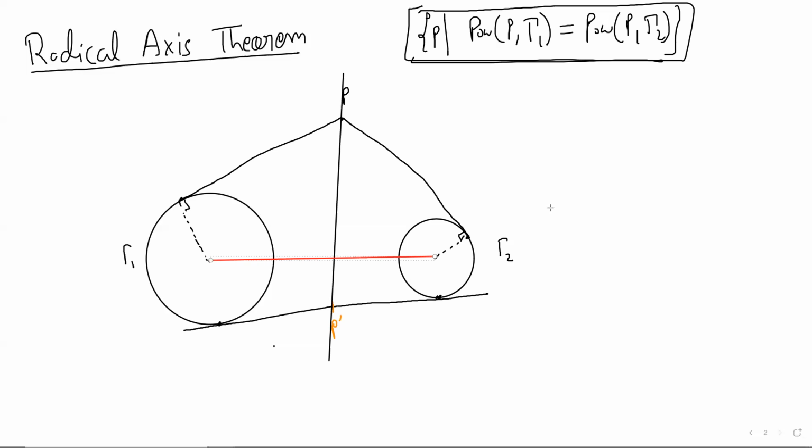I'm not proving it right now. The proof is not difficult, but we will do it at some point if needed. We will certainly do it. But just assume that it forms a line. I'm not even asking you to prove this. So this line is called the radical axis of these two circles.